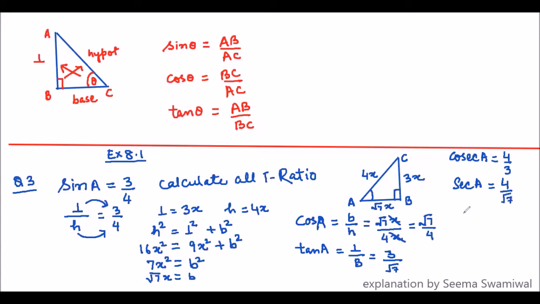And the reciprocal of tan A is cot A, so this will become square root 7 upon 3. So in this way, we are able to calculate all the trigonometric ratios if we are given only one. Here you have learned that since you are calculating all the trigonometric ratios, there is no need to put x in further questions. I will be writing directly that perpendicular is 3 and hypot is 4.